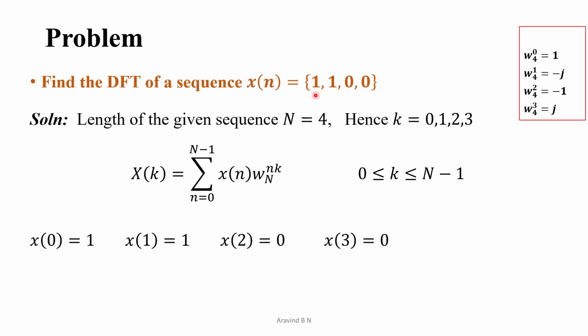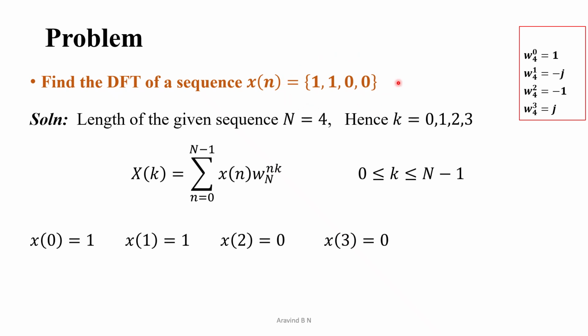This always starts from location 0, remember that, and continues sequentially: location 0, location 1, location 2, location 3. That's why we do not mention the locations while giving the problem. Its amplitude values are represented over here.